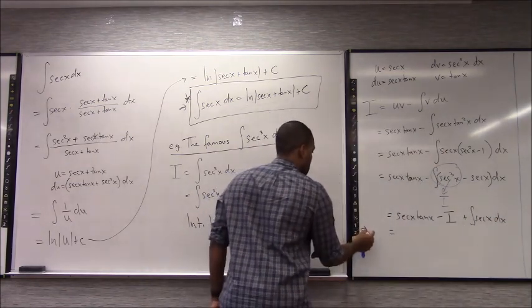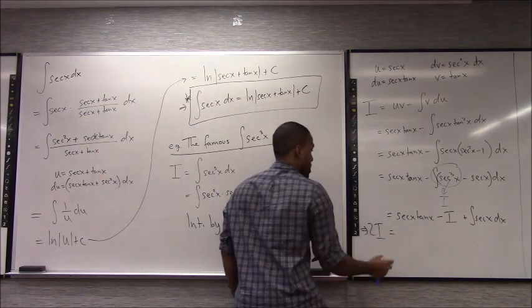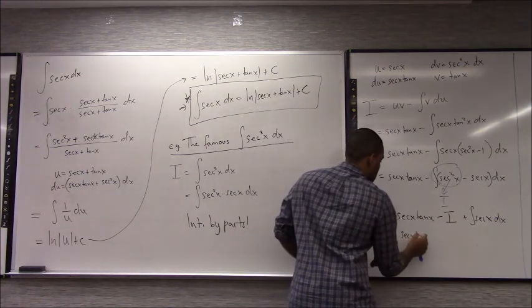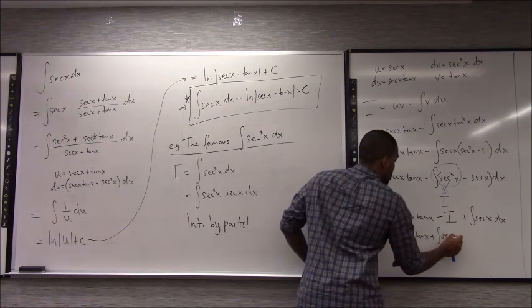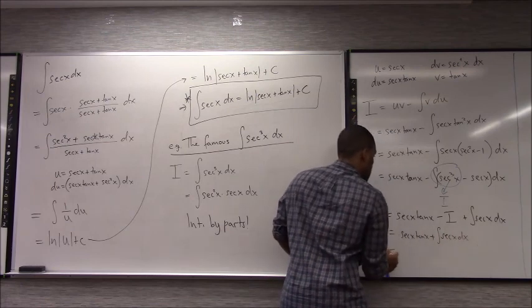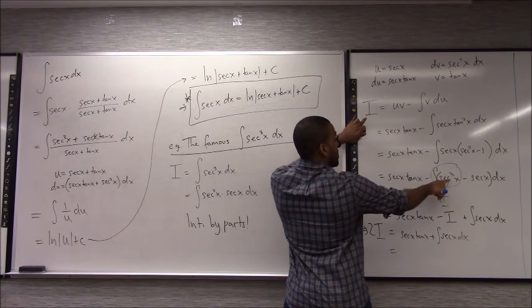So take this I to the other side: 2I is equal to secant x tangent x plus the integral of secant x dx. Why is it 2I? Because you already had a negative sign here, and there's an I on that side, so I bring it over.